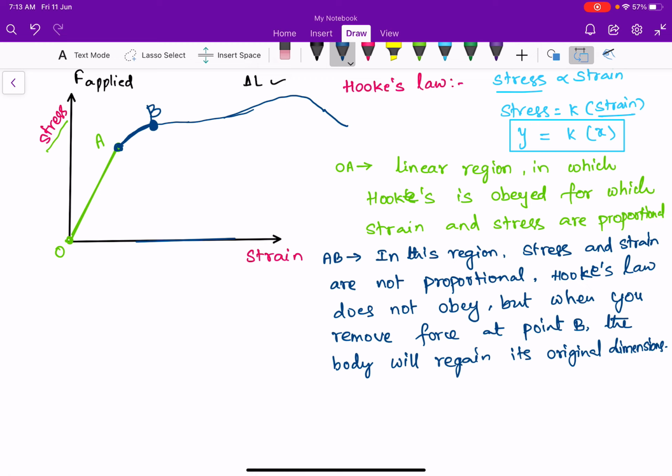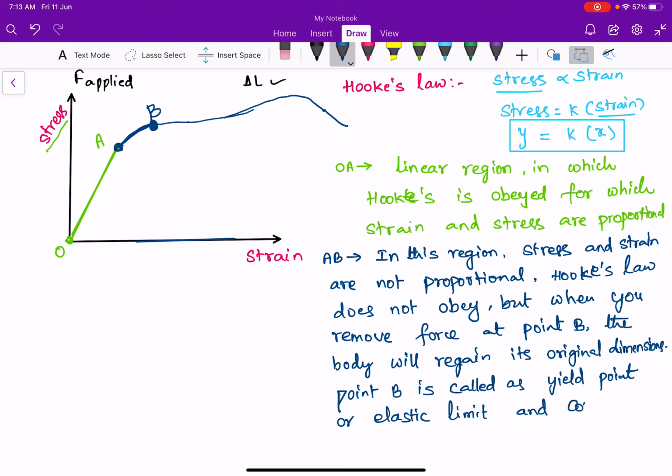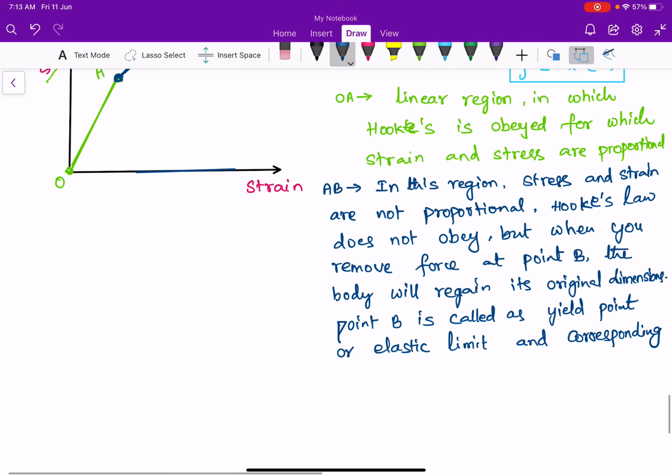That is, point B is called the yield point or elastic limit, and the corresponding stress is called the yield strength.